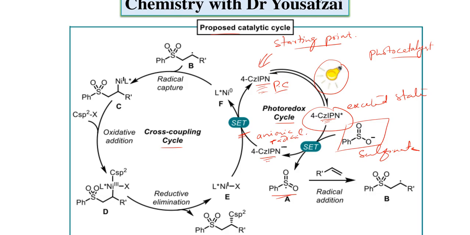Now what will happen when this sulfonyl radical is produced? This sulfonyl radical will be added across the carbon-carbon double bond or olefin. This is the olefin or carbon-carbon double bond. This is the sulfonyl radical.